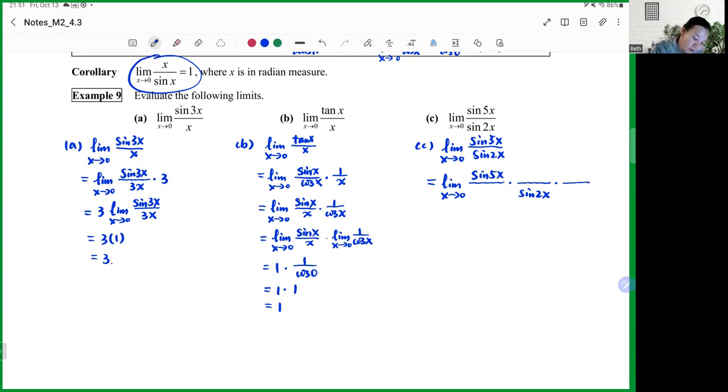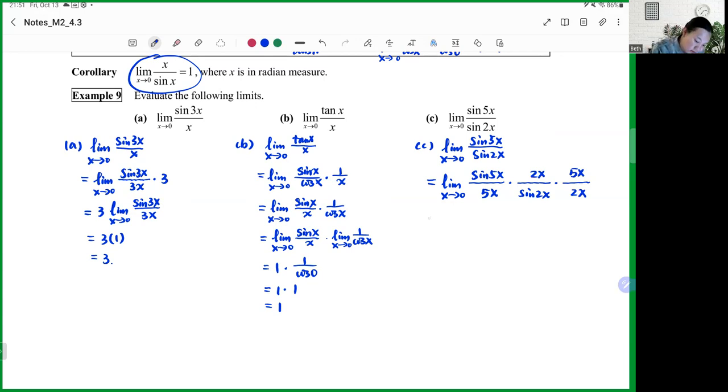Now here, I will write 5x because I need to create this special limit. When I multiply here, I should also multiply here just to balance it out. Similarly, I'll write 2x here, and then to balance it out, I'll write 2x here.